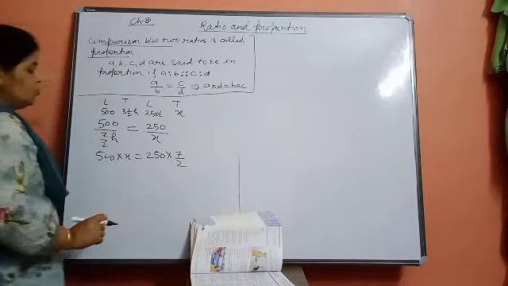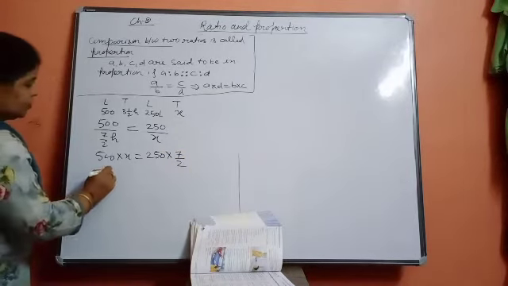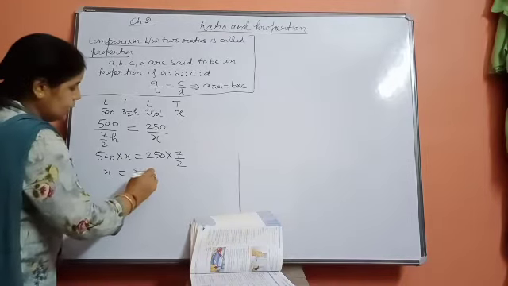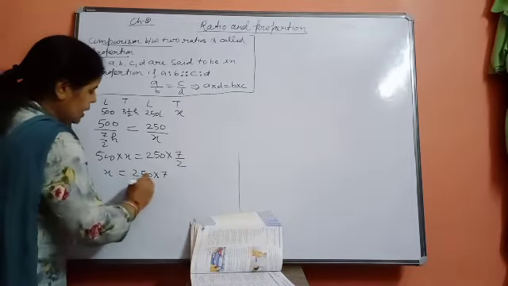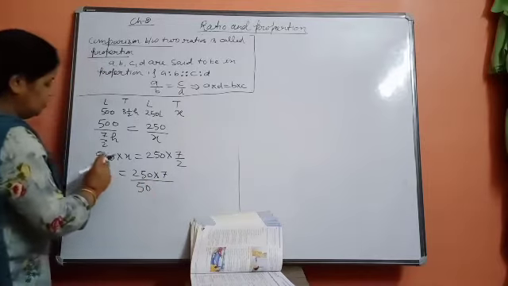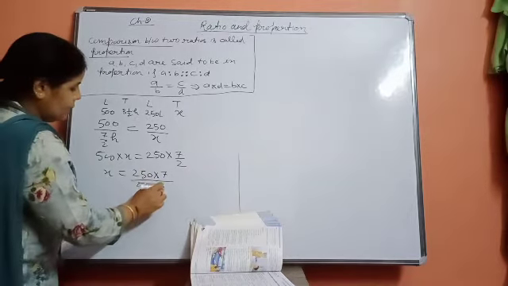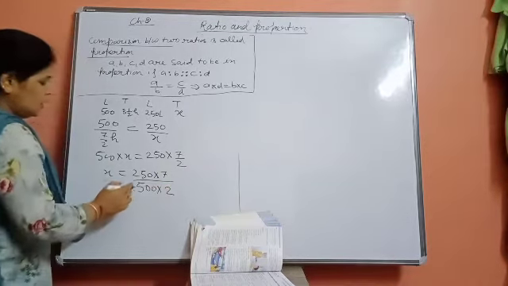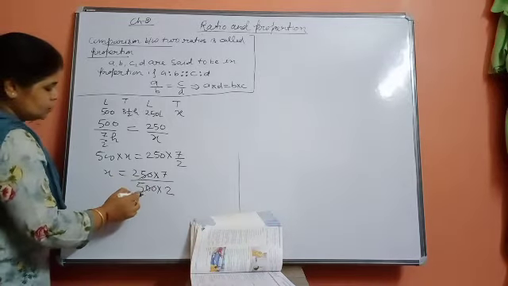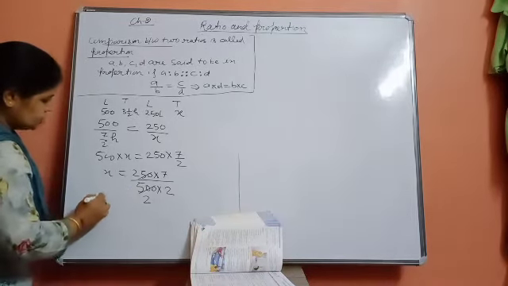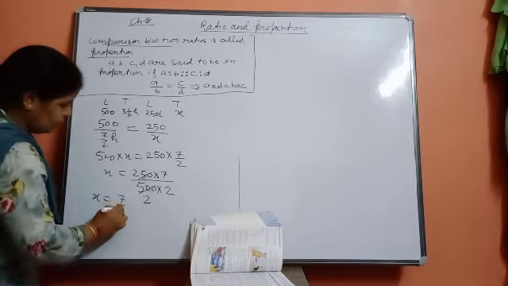So by this method you can do it easily. X is equal to 250 into 7 upon 500 into 2. 250 twos are 500. So X is equal to 7 upon 4.